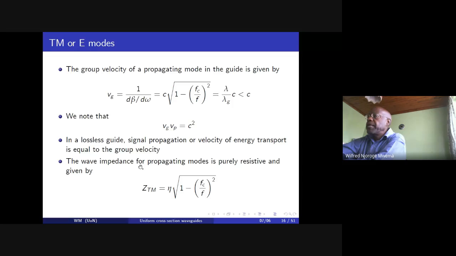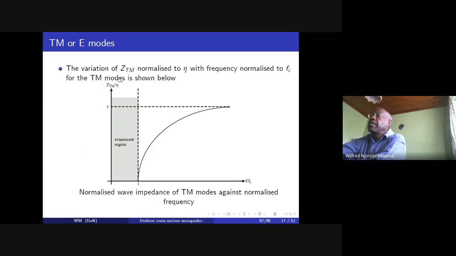The wave impedance for the propagating modes is then purely resistive and will be given by ZTM equal to eta root of 1 minus (f_c over f) whole squared. Remember, propagating modes are modes for which the operating frequency f is larger than the cutoff frequency. The variation of the wave impedance for TM modes, when normalized to the intrinsic impedance of the medium, and the frequency normalized to f_c, will have the following form.